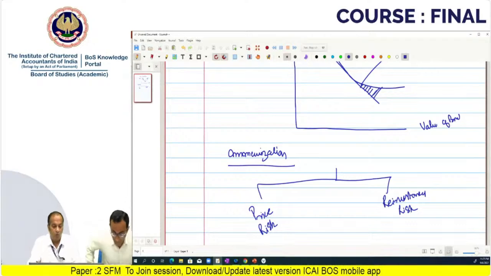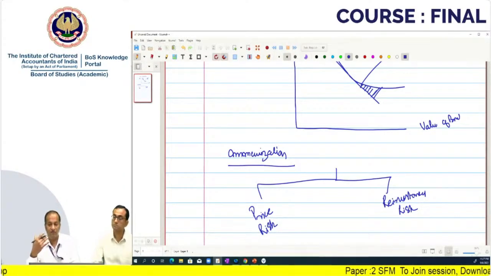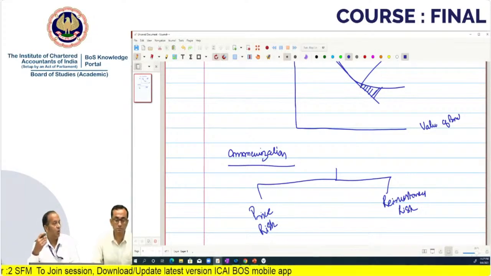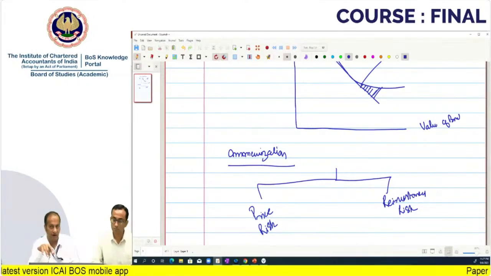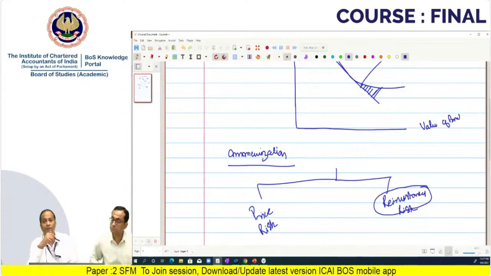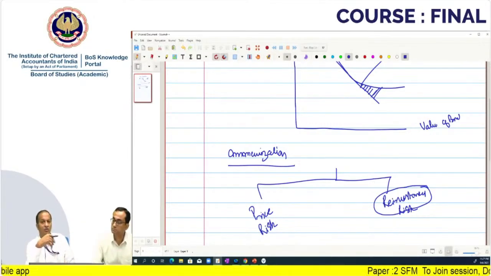Okay, price risk we have discussed: if interest rate increases, then the price of the bond will fall. But we get the benefit of reinvestment. Suppose after 1 year my FD is maturing, so of course I will get the benefit.